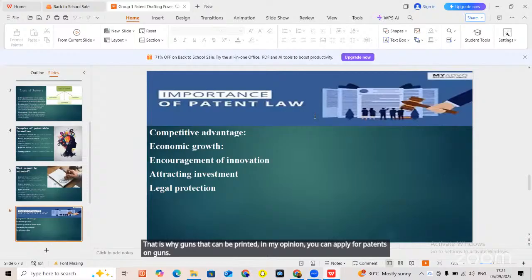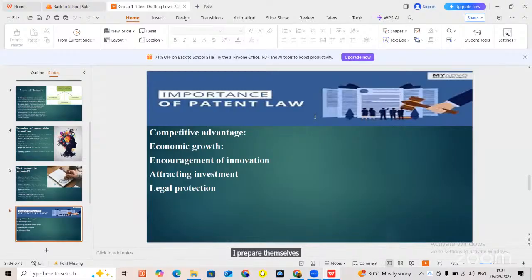Then finally, the importance goes from the competitive advantage. Investors are more likely to associate themselves with products and inventions that have patent protection.